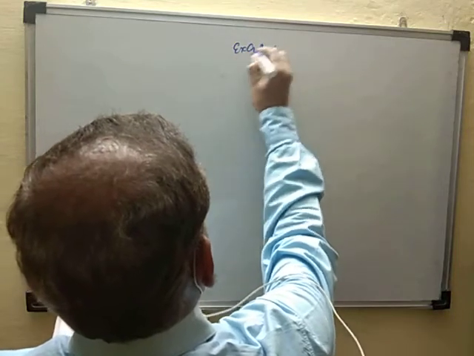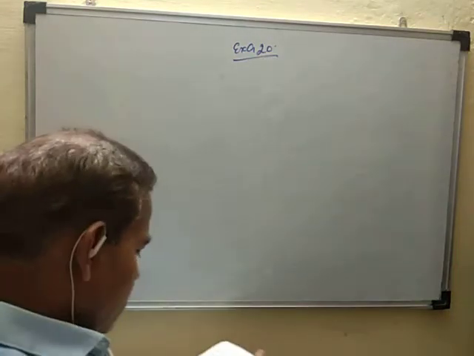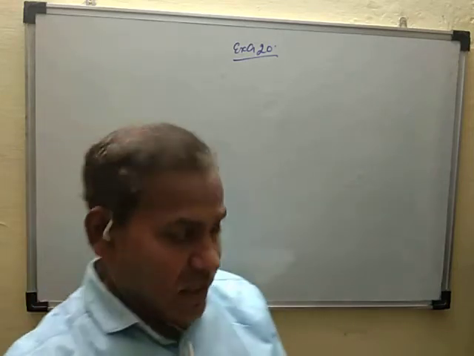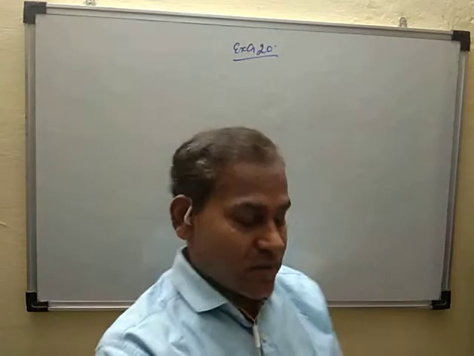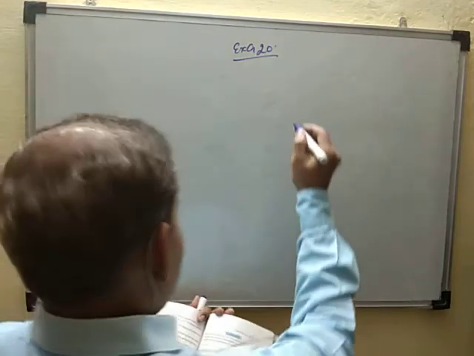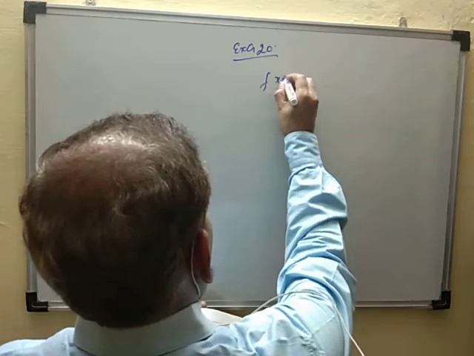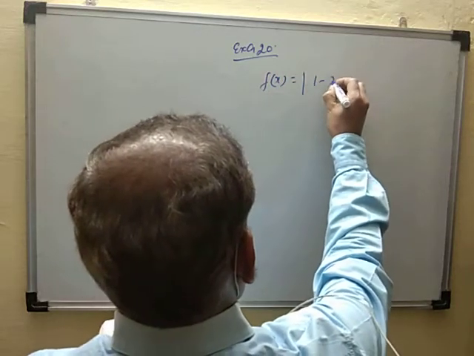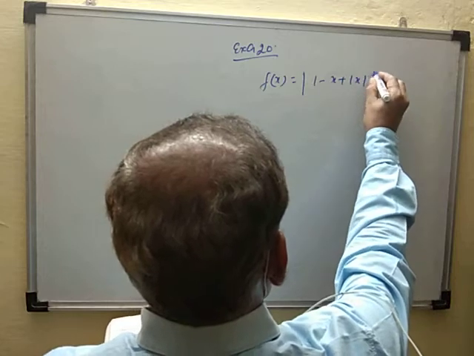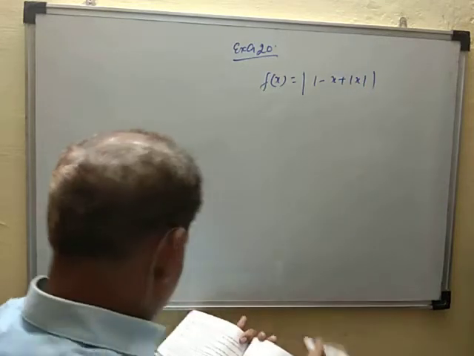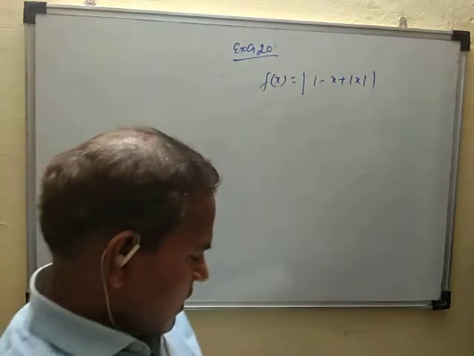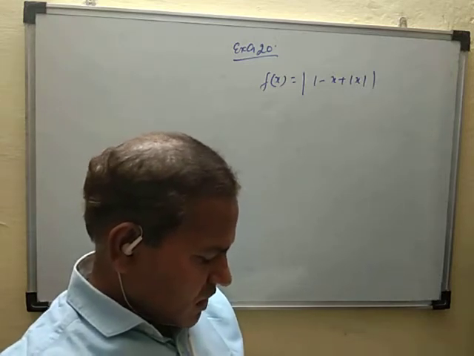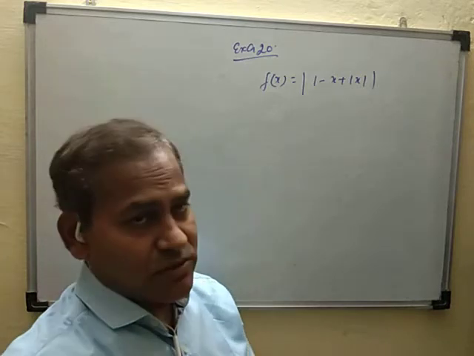Example number 20 is: show that the function f defined by f of x is equal to mod of 1 minus x plus mod of x, where x is any real number, is a continuous function.